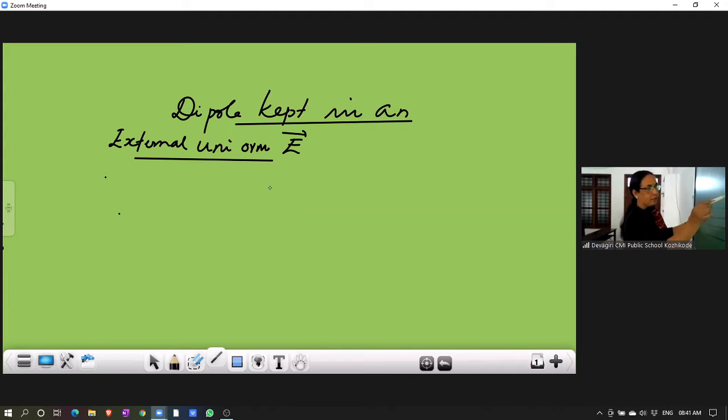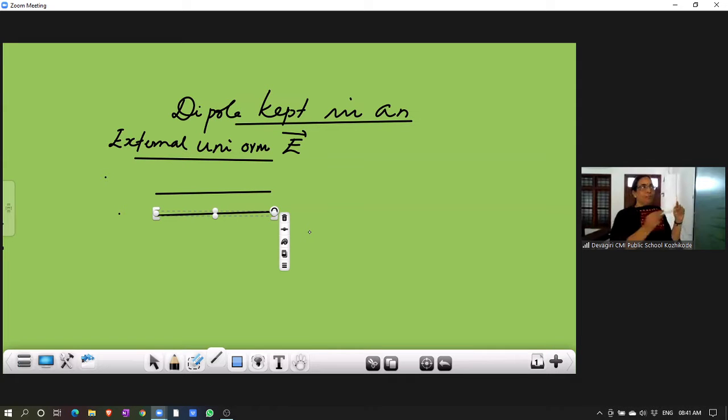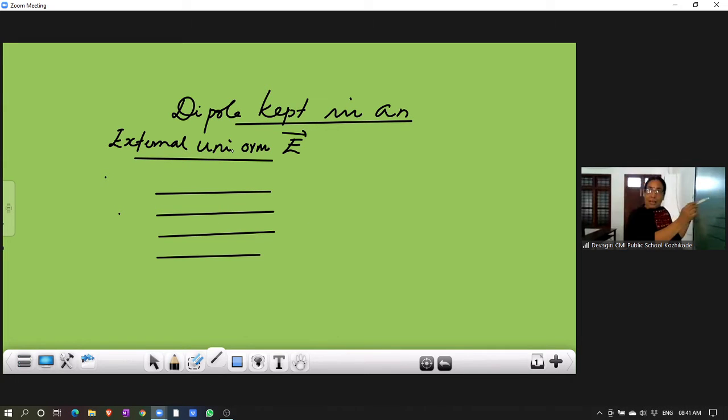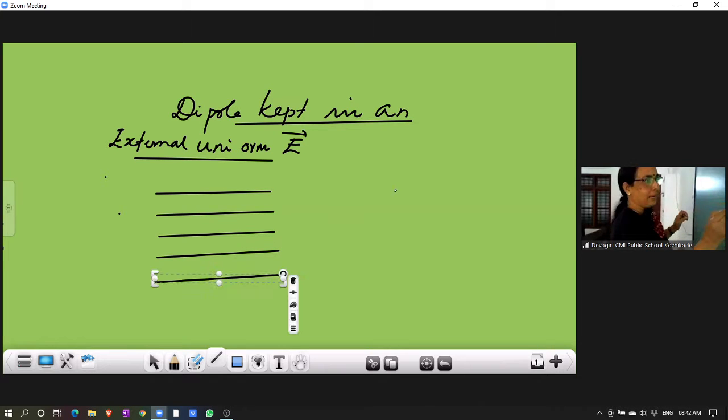They are parallel and equidistant. So how do you represent a uniform electric field? Parallel lines and equidistant. See, if one of you draw parallel lines like this and say that this is uniform, this is not a uniform electric field.